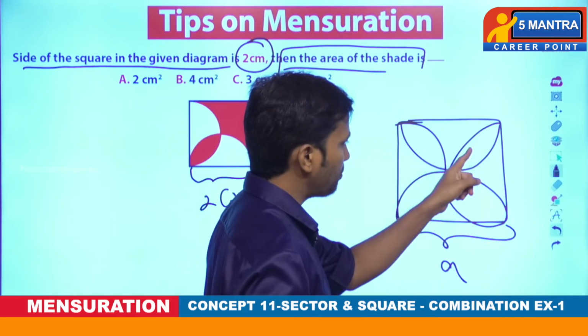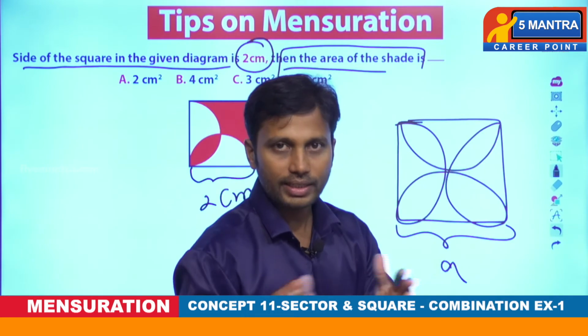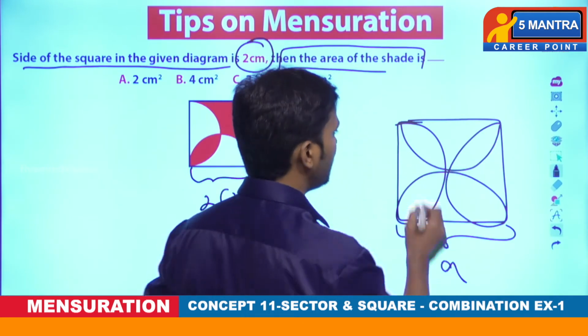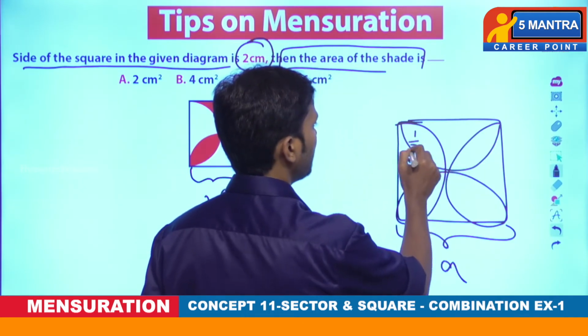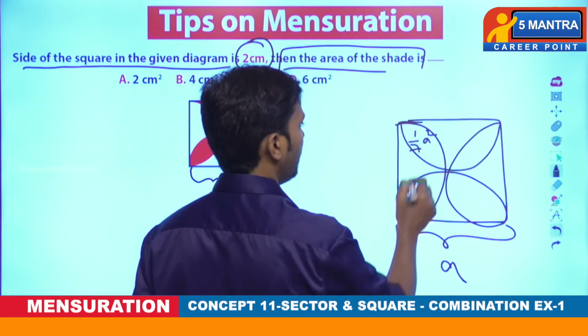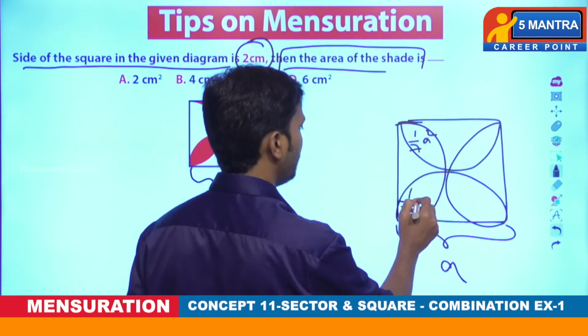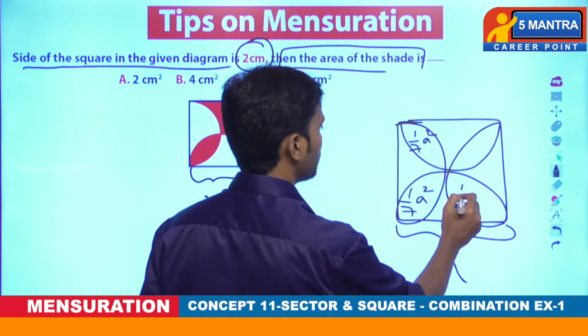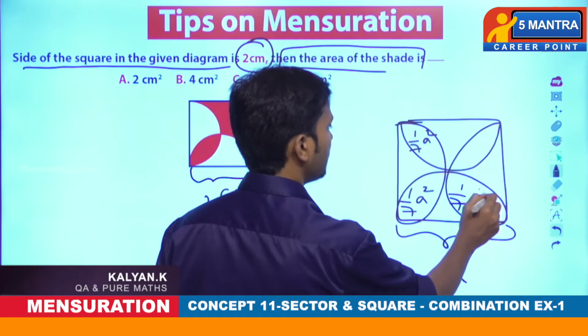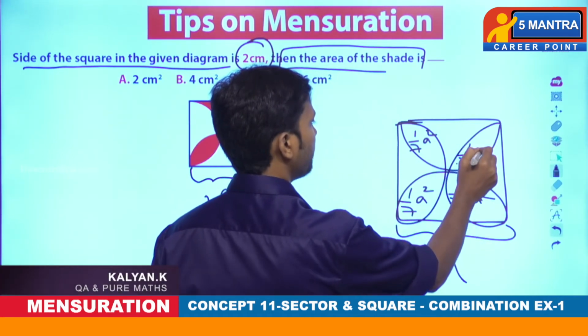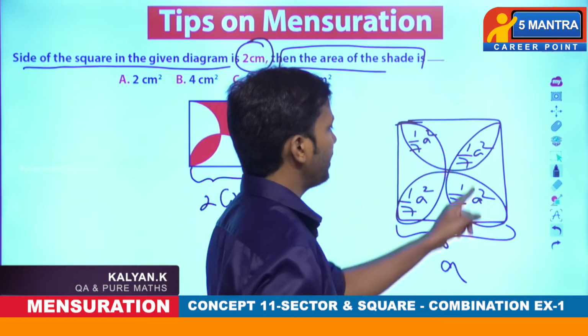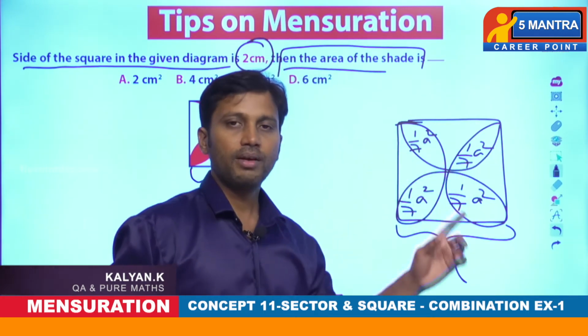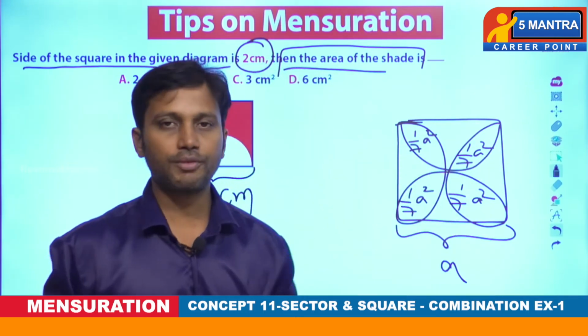Each petal is carrying equally, dividing the area equally, that means each one is about what? 1 by 7 a square, and this would be 1 by 7 a square, and this would be 1 by 7 a square, and this would be 1 by 7 a square. Adding all this, you get 1 by 7 a square 4 times, that would be 4 by 7 a square.